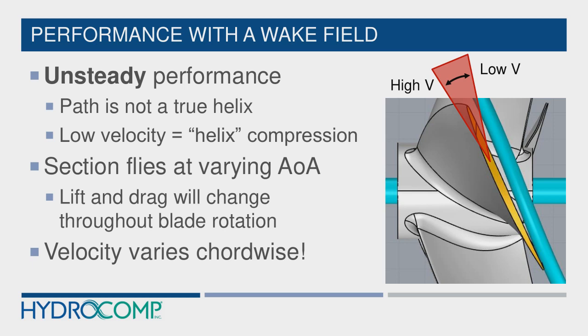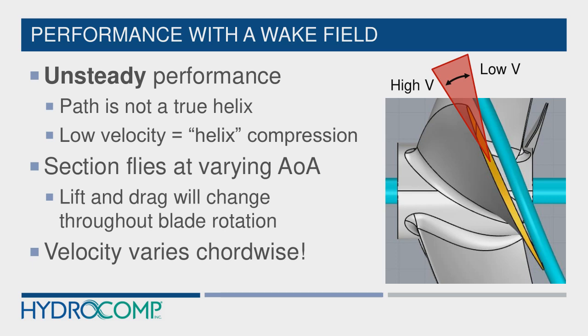So in low velocity areas, this blue helix line actually becomes more vertical, more up and down. The blade section then flies at a higher angle of attack. The opposite is true with high velocity cases, where the helix is expanded and the angle of attack goes down. It's even possible to get into cases of negative angle of attack, and there are performance issues there that become a very critical design point. We'll talk about that a little later as well.